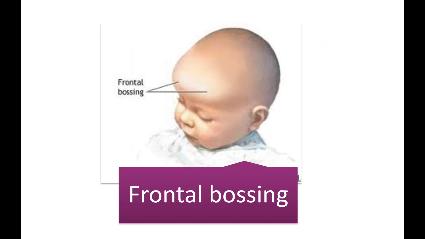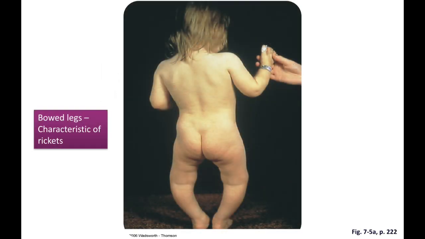Here, frontal bossing, you can see in the picture the frontal bone is protruded to the front, that is called frontal bossing in children. Here you can see these are bow legs, characteristic of rickets. When they are growing, vitamin D deficiency leads to bone abnormalities like bow legs.